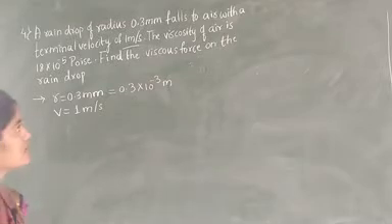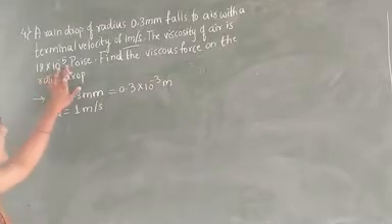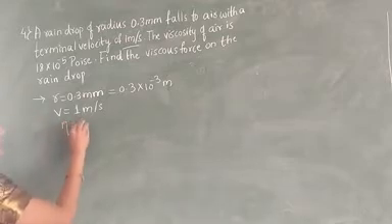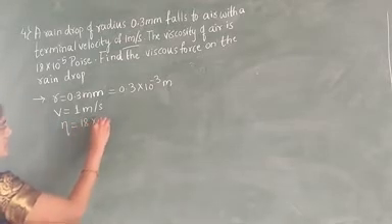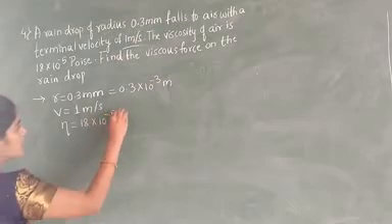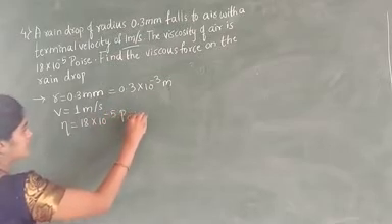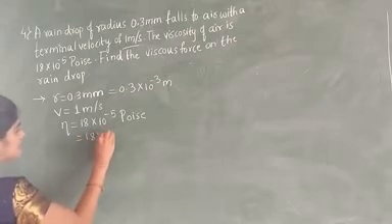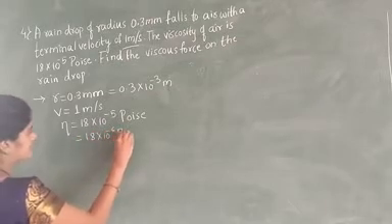Next, the viscosity of the air is 18 into 10 raised to minus 5 poise. Eta is equal to 18 into 10 raised to minus 5 poise, or this can also be written as 18 into 10 raised to minus 6 Pascal second.